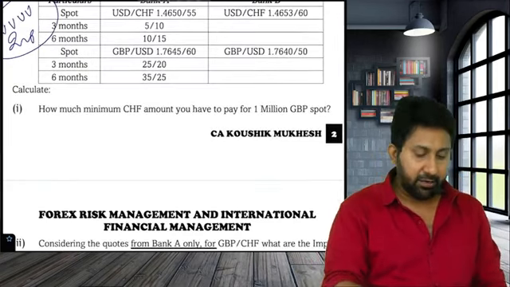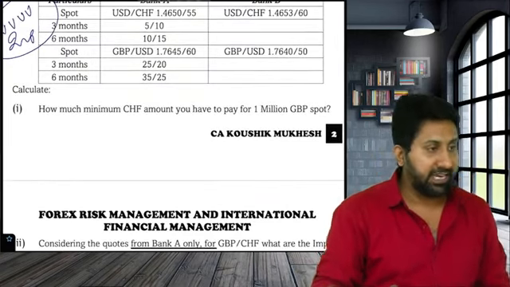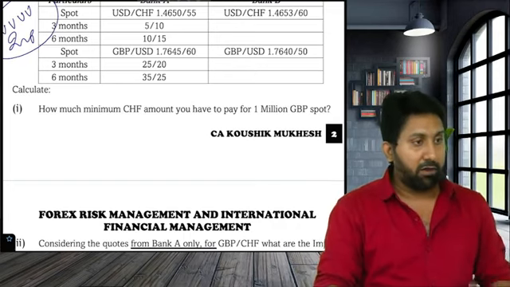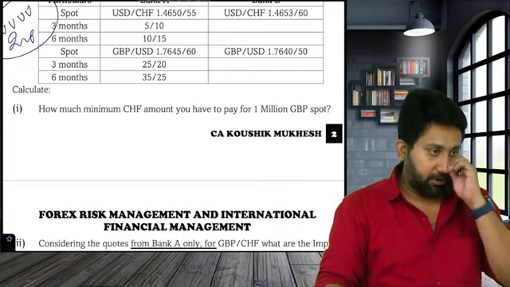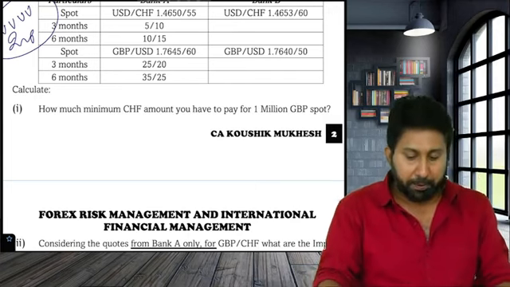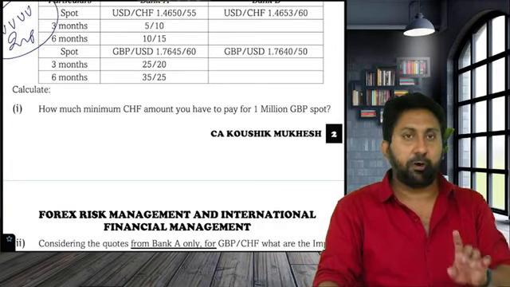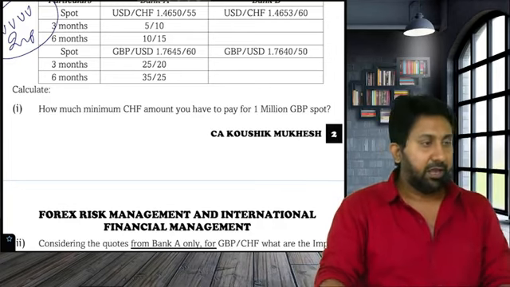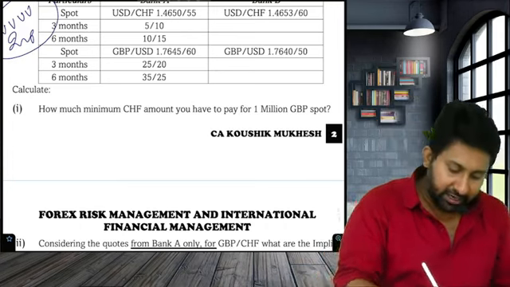For 1 million GBP spot, we need to pay. We want to buy the GBP using what? CHF. Okay, so we want to calculate what rate?